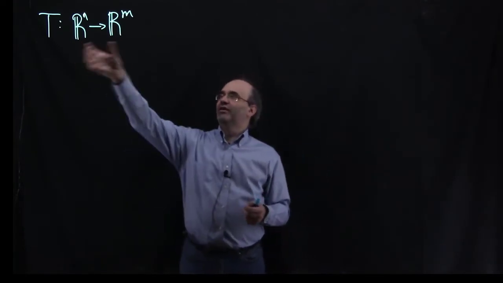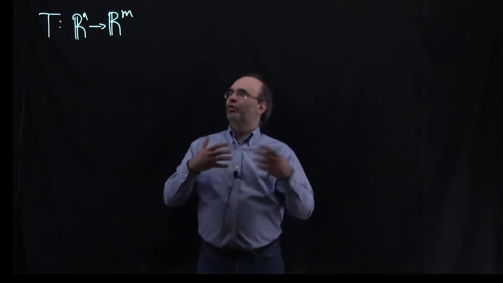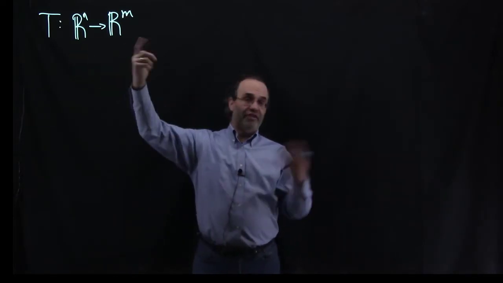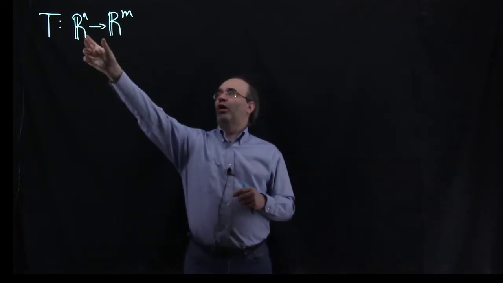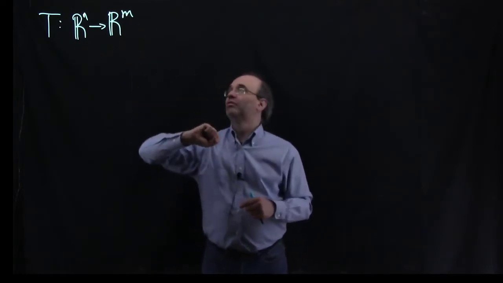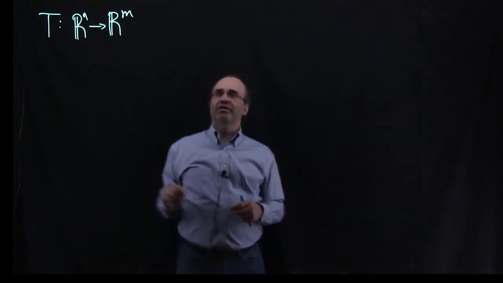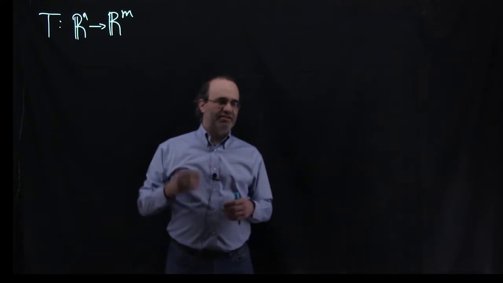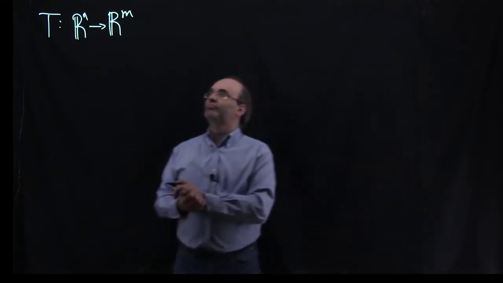And here we are in linear algebra, so the sets that we look at are sets of vectors. So Rn and Rm can be distinct, and our function sends a vector to another vector.